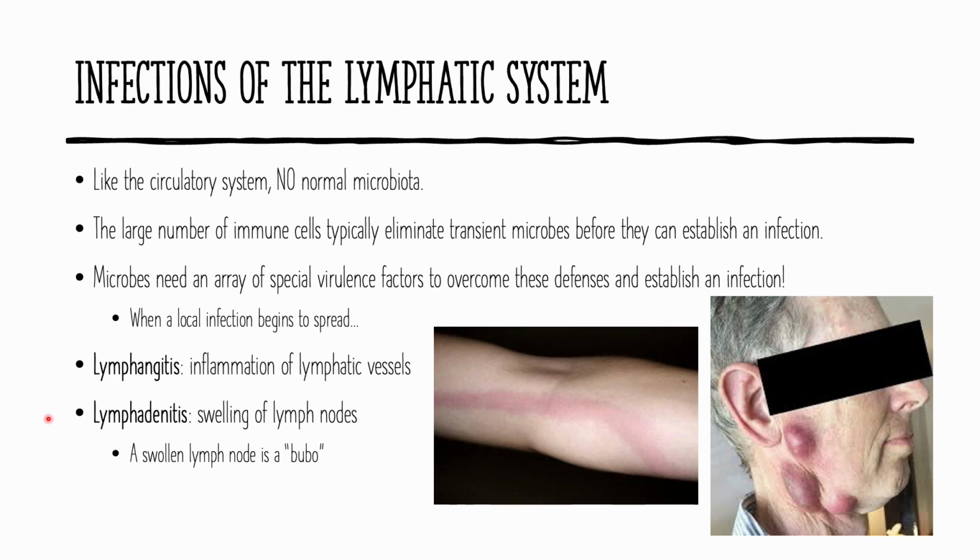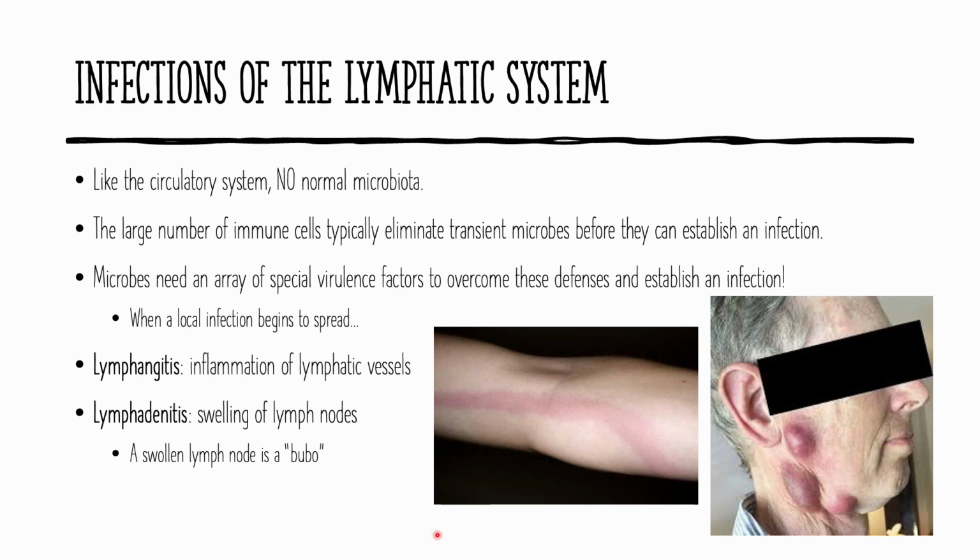Here's some terminology for the lymphatic system infections. Lymphangitis is inflammation of lymphatic vessels, and you can often see it as one of the cardinal signs of inflammation, redness. You can see an inflamed lymphatic vessel below the skin as a red line. And then lymphadenitis is the swelling of lymph nodes, and these swollen lymph nodes are also referred to as buboes.